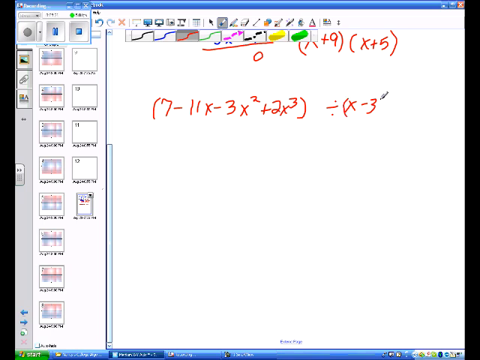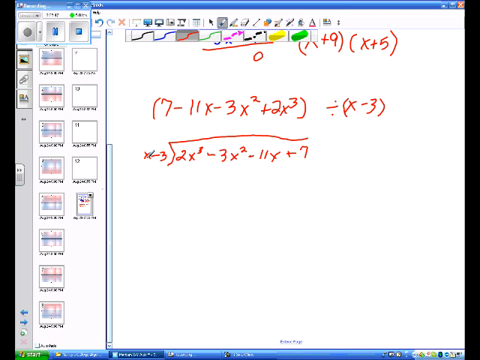It makes everything a lot easier. If it's not in order, then you need to put it in descending order. So we're going to do 2x cubed minus 3x squared minus 11x. Remember, the sign goes with the term that follows it, plus 7. That's our dividend, divided by x minus 3.